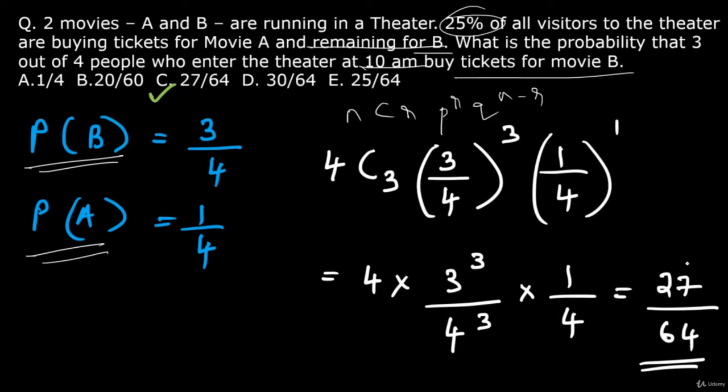This simplifies to 27 divided by 64, which is answer option C.